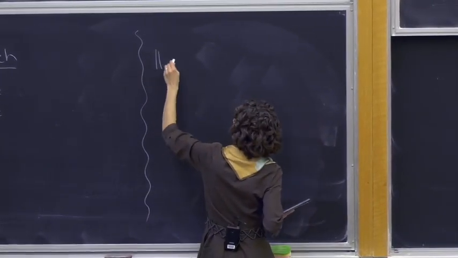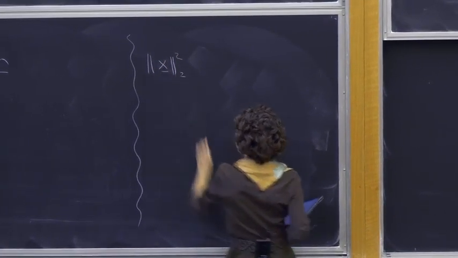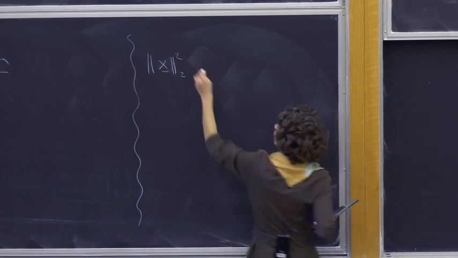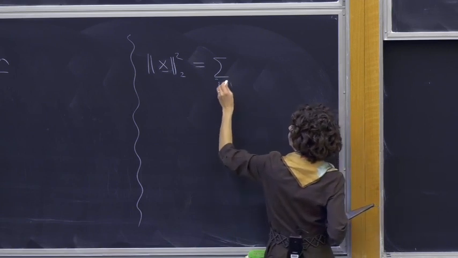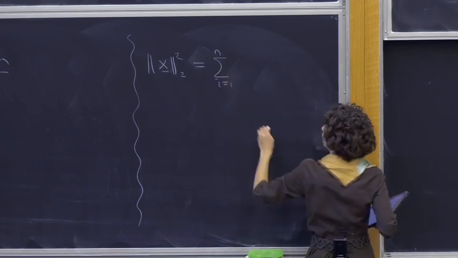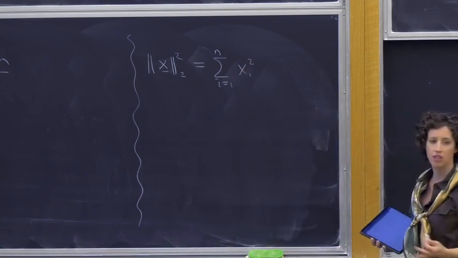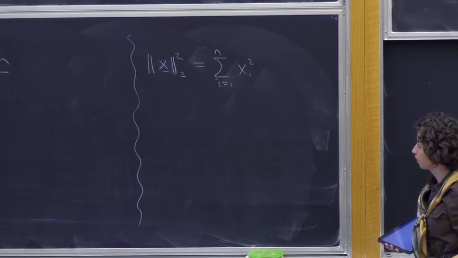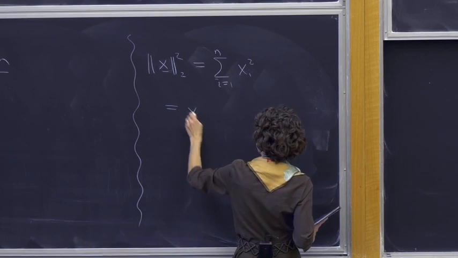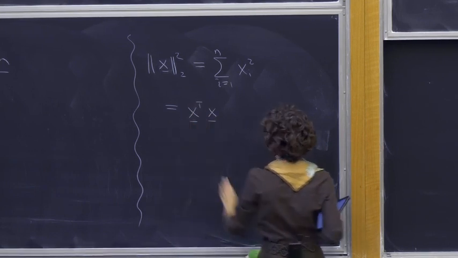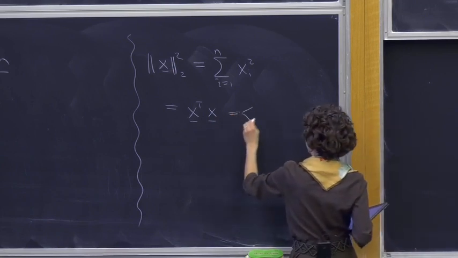So we said before that if I had a vector x and I computed its 2 norm squared, that was equal to the sum over i from 1 to however long the vector is, let's say n, of xi squared. So that was the definition we used last time. And one thing that we neglected to say was that this is also the same as x transpose x, the inner product of x with itself.